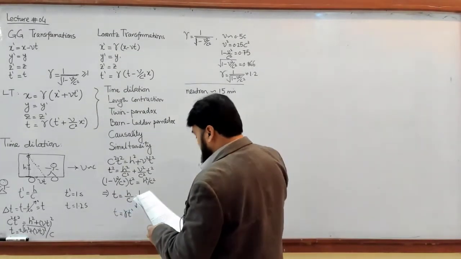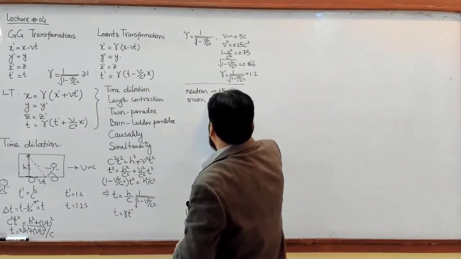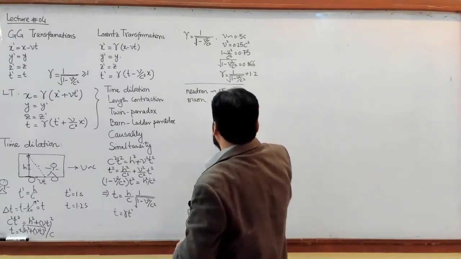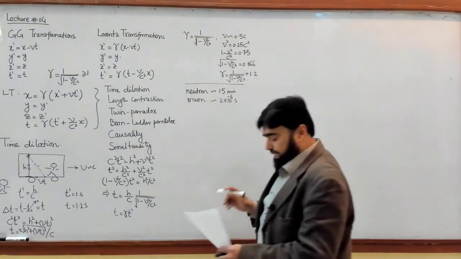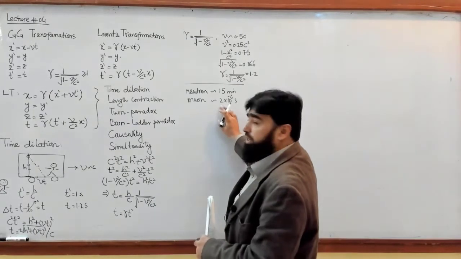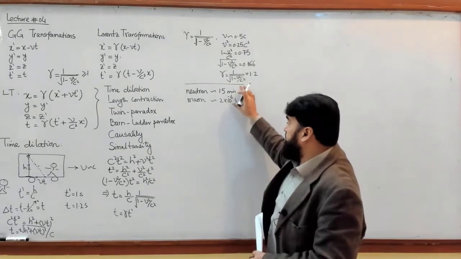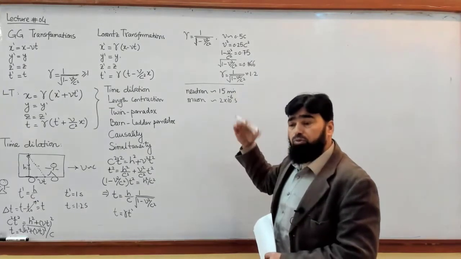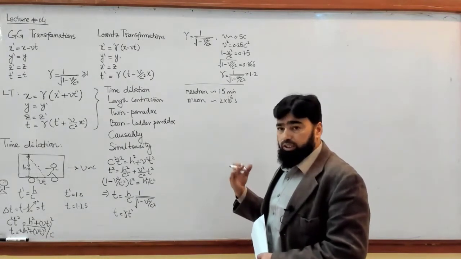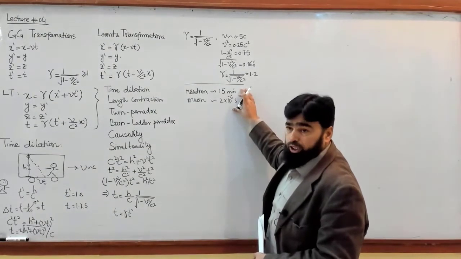If I consider the muon decay time, it is approximately 2 times 10 to the power minus 6 seconds. And similarly, the pion is much less than this one, 9 times 10 raised to the power minus 17 seconds. The times are fluctuating because the instability is not constant in nature, but we are talking of average time.